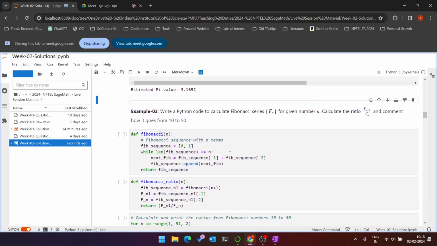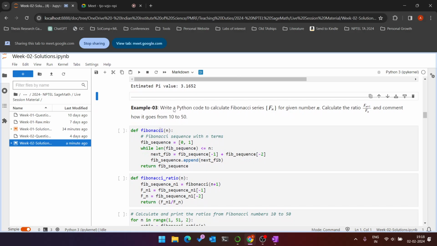Next example that I have is similar to one of the practice examples given for exploration. So we want to write a Python code to calculate the Fibonacci series Fn for a given number n.